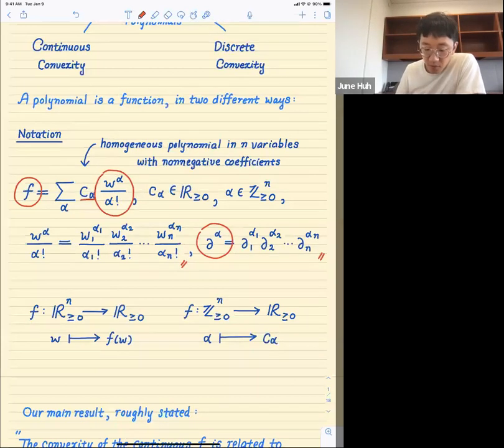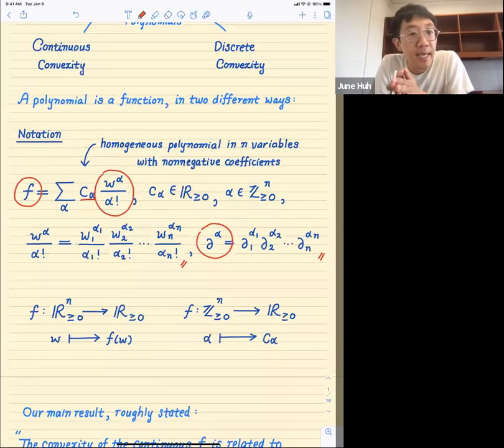The first is the usual way: I view a polynomial as a function from R^n to R, which sends w to f(w), the value of f at w. On the discrete side, the function I'm talking about goes from Z^n to R, and it is the function that sends alpha to c alpha.